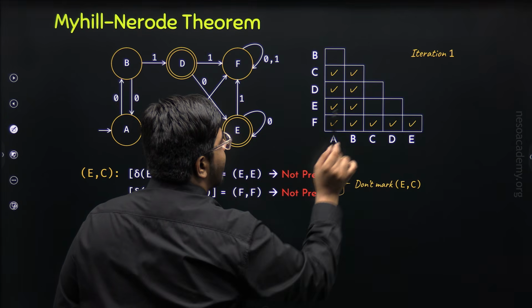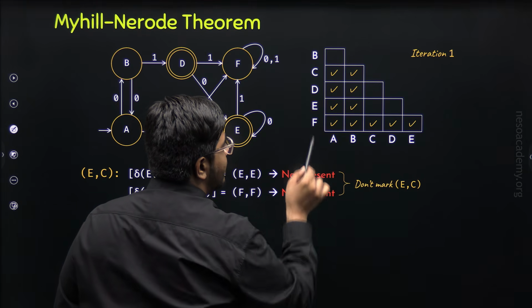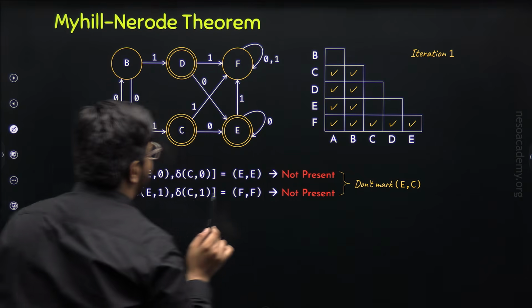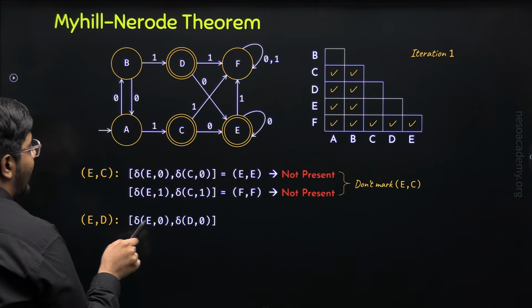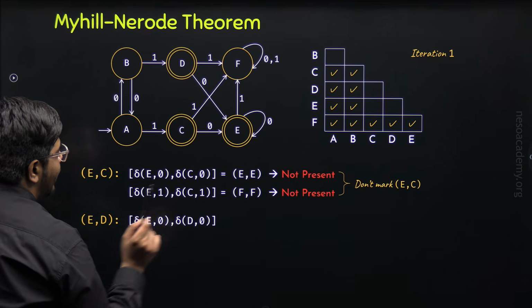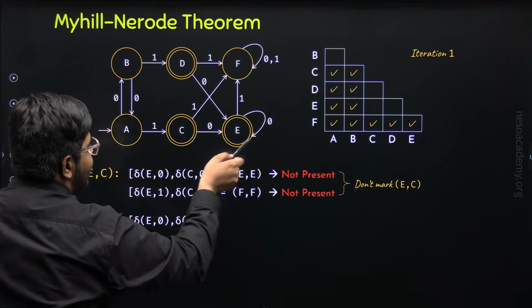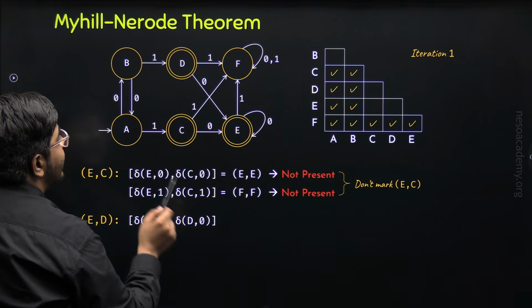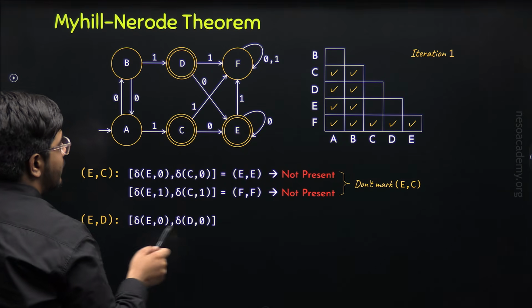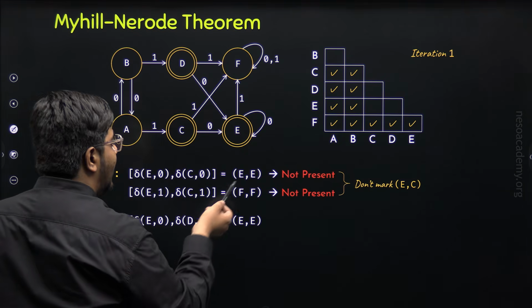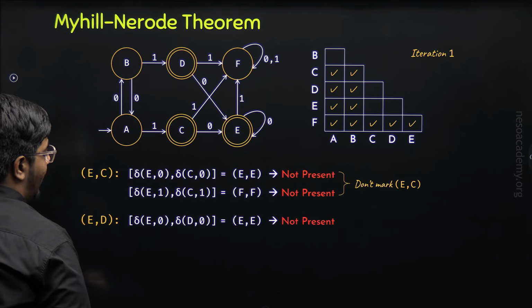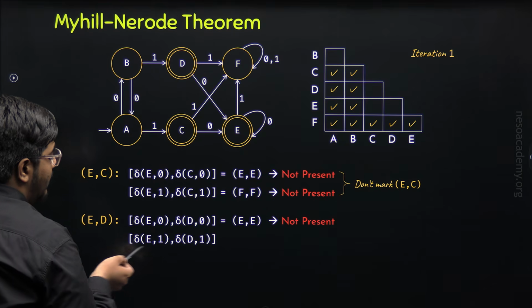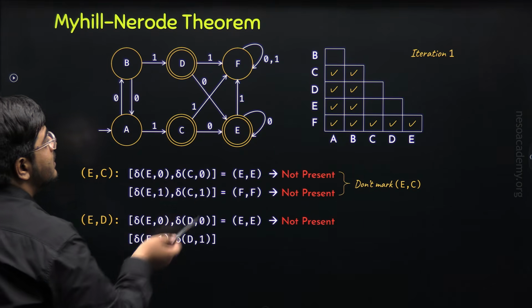Let's check the last unmarked pair for the first iteration, which is E comma D. So for this we will write delta E comma 0, delta D comma 0. Now E comma 0 is E and D comma 0 is again E. So we are getting E comma E. Again E comma E is not present. Similarly for the input symbol 1, delta E comma 1, delta D comma 1.